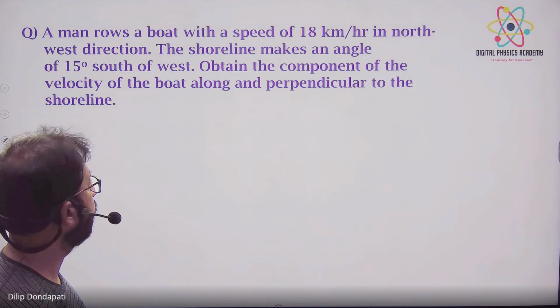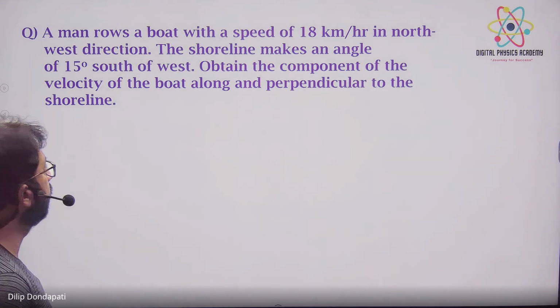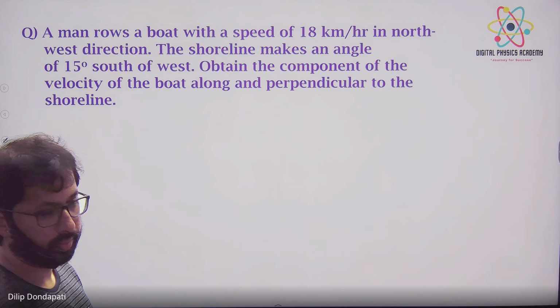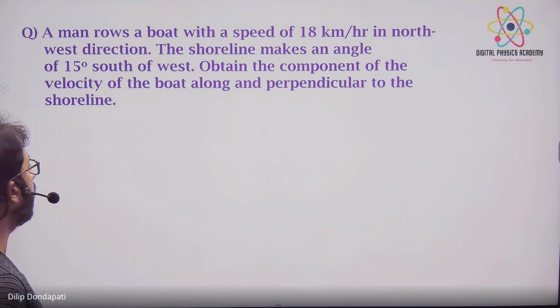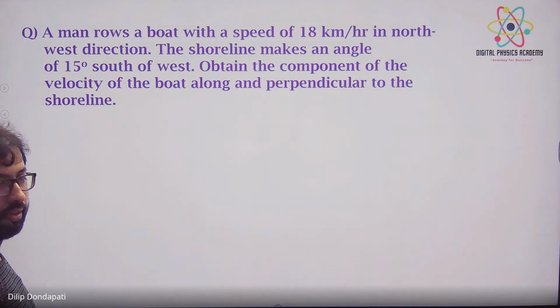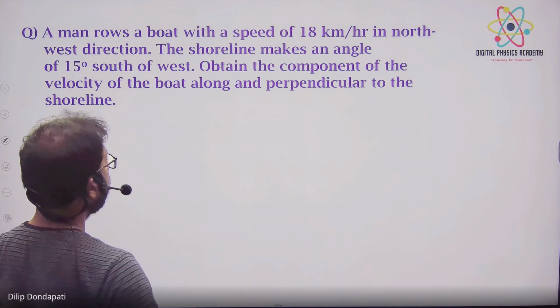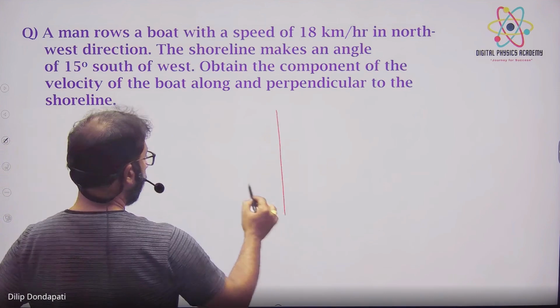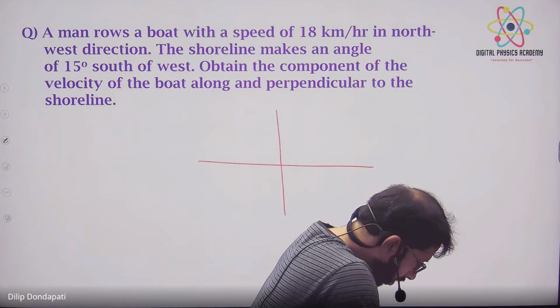Did the diagram come? I want the components along the shoreline and perpendicular to it. Sir, I got 18 root 2.